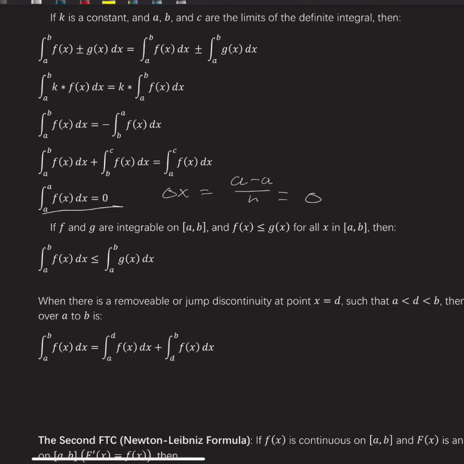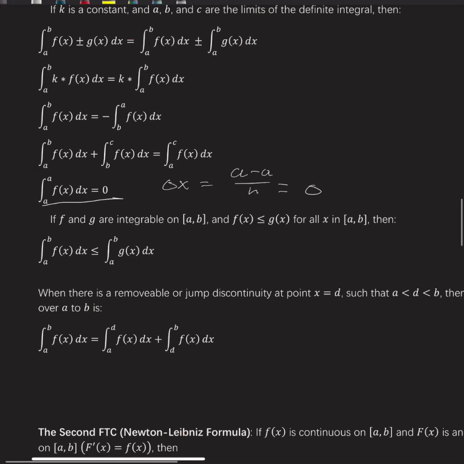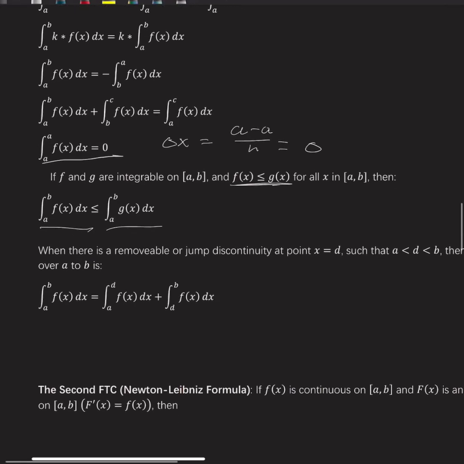And if you have f and g, which are both integrable, and f of x is less than or equal to g of x for all x, then the integral of f of x must be less than or equal to the integral of g of x.